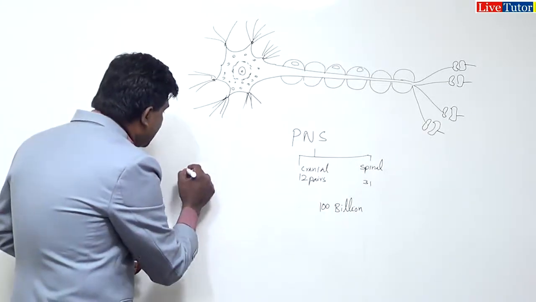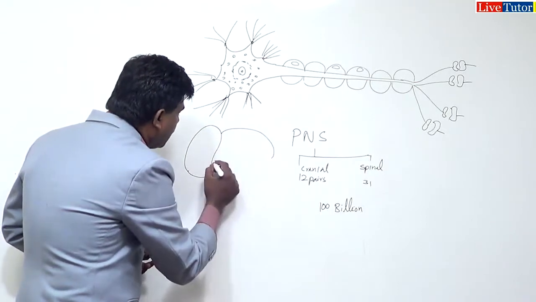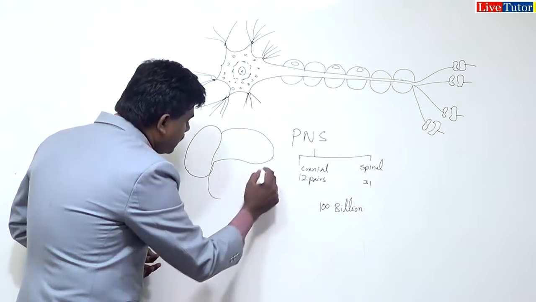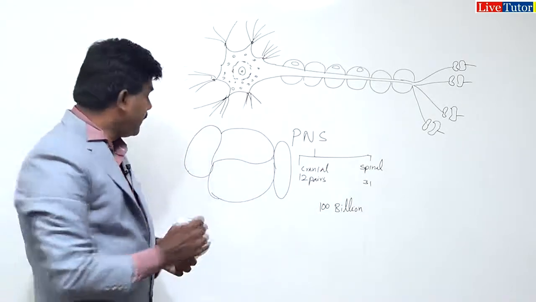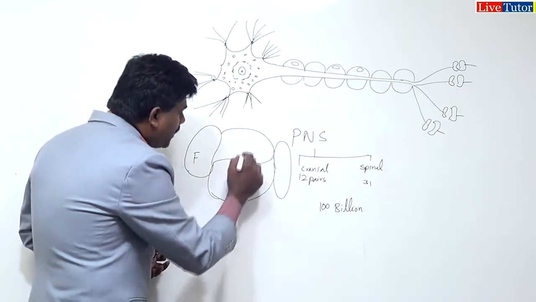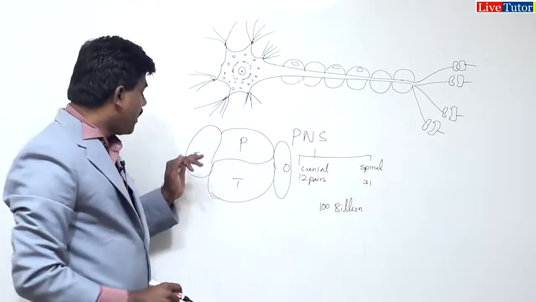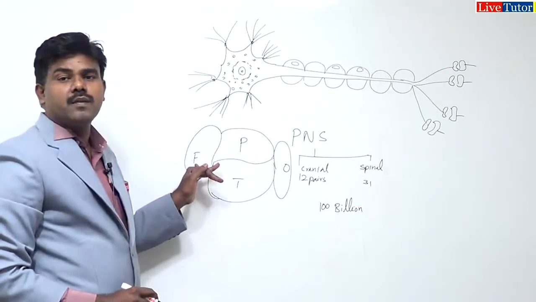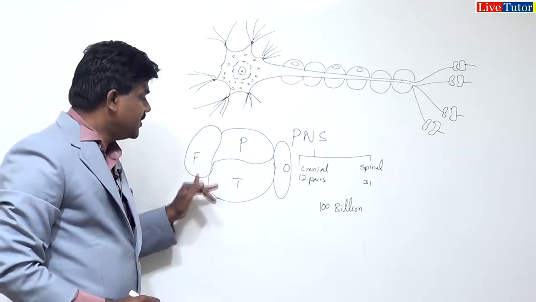We can classify it into four parts. These are the four parts of the cerebrum. This is frontal, this is temporal, this is parietal, this is occipital. The frontal is responsible for memory and language; everything is because of frontal intelligence.